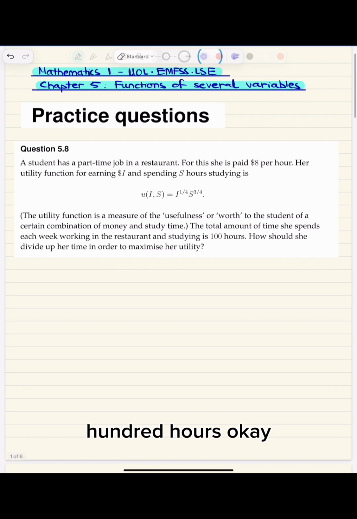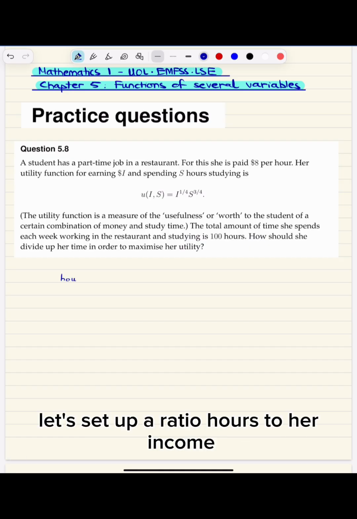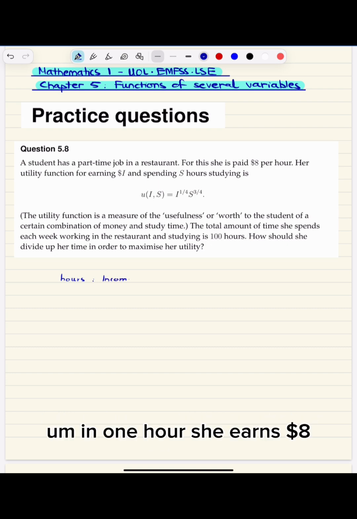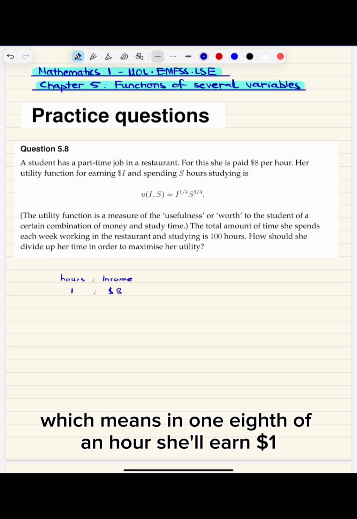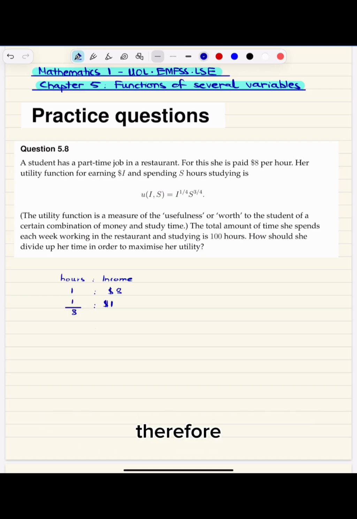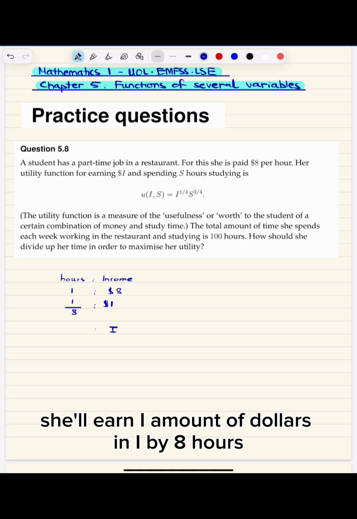100 hours. Okay, first of all, let's set up a ratio relating hours to her income. In 1 hour, she earns $8, which means in 1/8 of an hour, she'll earn $1. Therefore, she'll earn I amount of dollars in I by 8 hours.